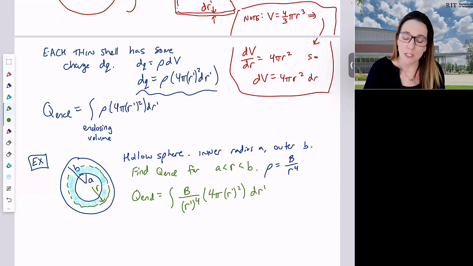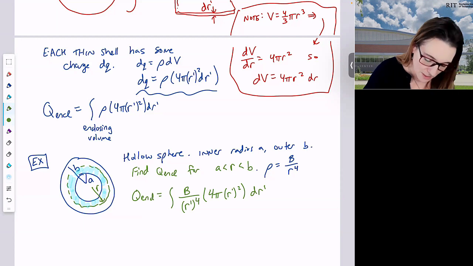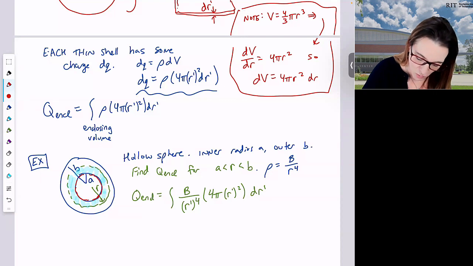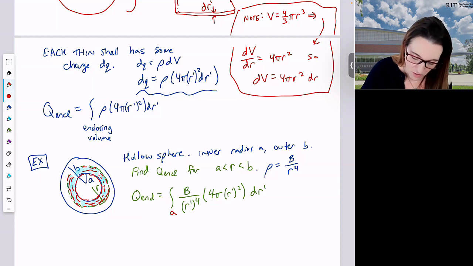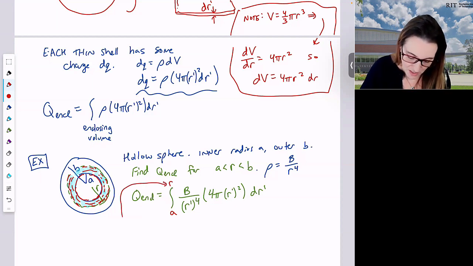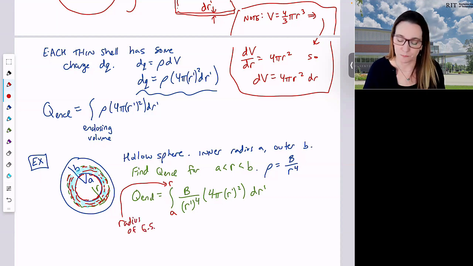And then I'm going to integrate this with limits from the inside. I'm picturing the onion layer at the very inside at R prime equals A, and then I'm going to integrate and add up all my onion layers all the way out. And since I only want to go to my Gaussian surface, I'm then going to integrate to R, where R is the radius of my Gaussian surface.